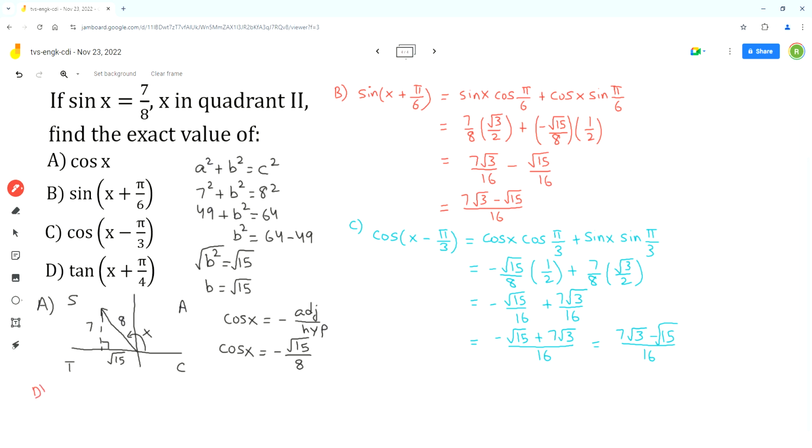For tan of x plus pi over 4, we should use the tangent angle sum identity. Tan of pi over 4 is equal to 1.